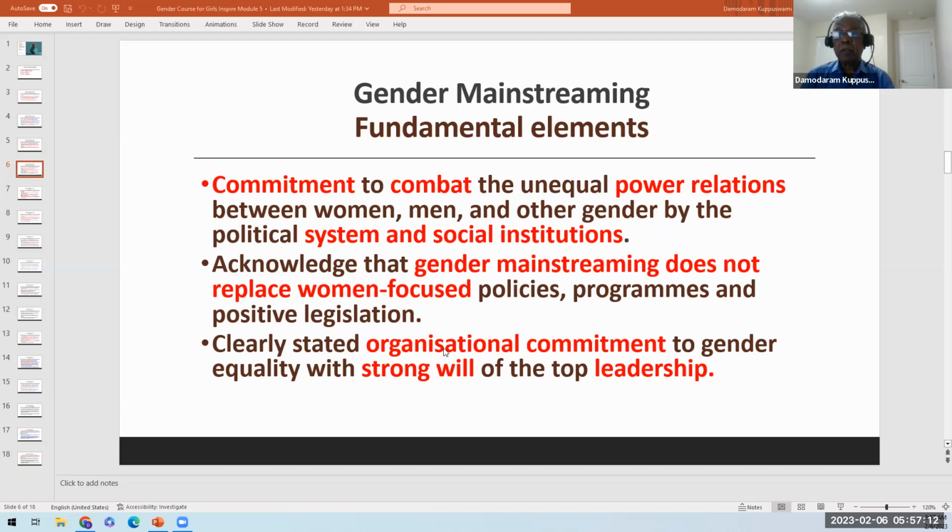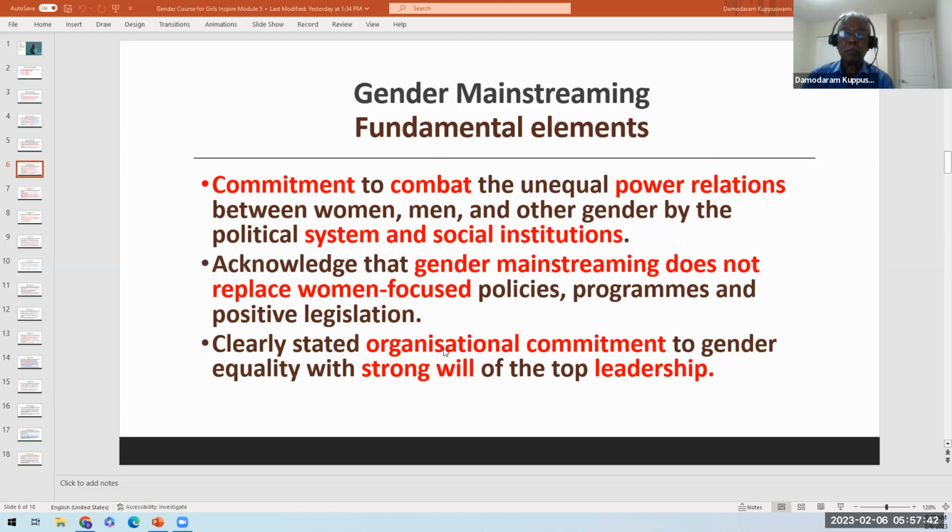And when we say gender mainstreaming, that we bring gender integrated into it, it doesn't exclude specific affirmative actions on women's needs and women's empowerment. At the organizational level, this is also one of the activities in the forum.